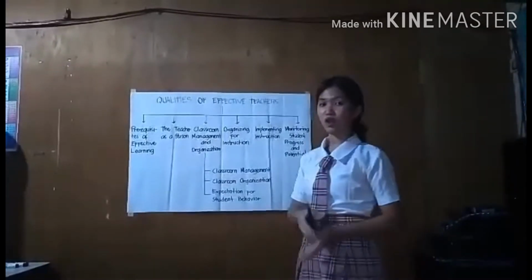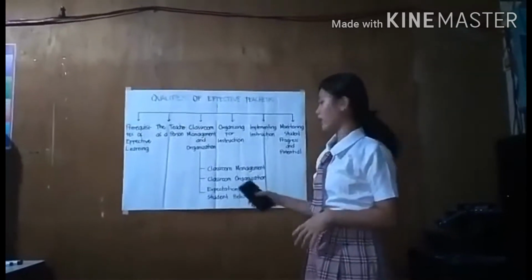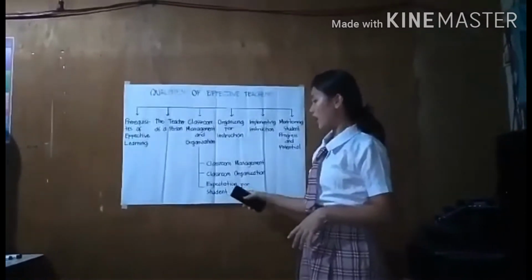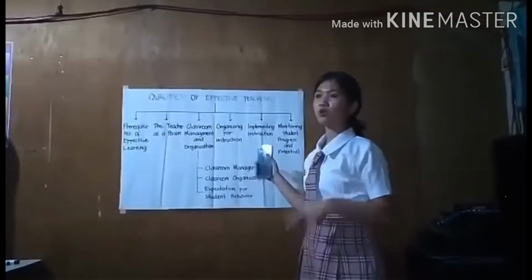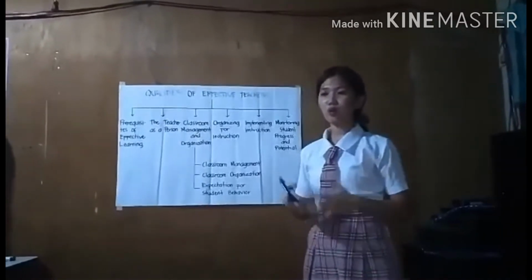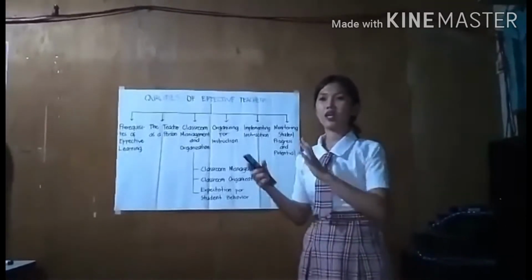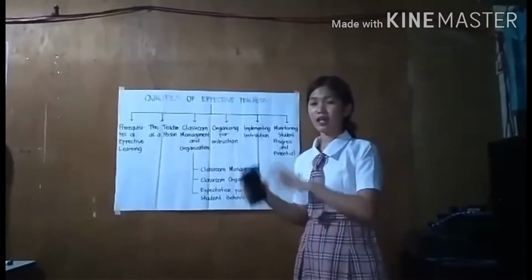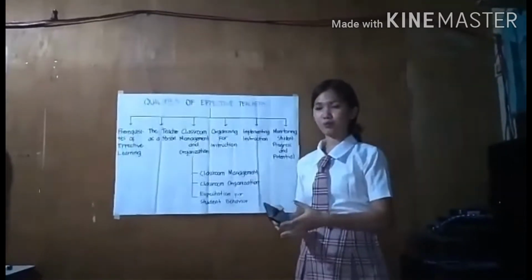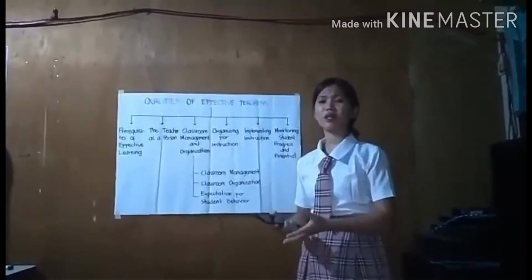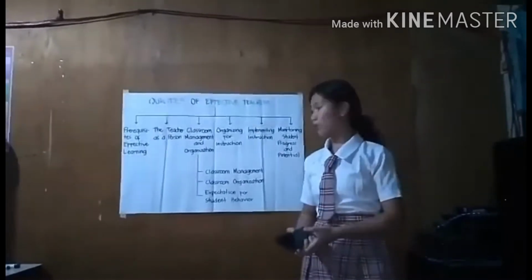Classroom management and organization, which has classroom management, classroom organization, and expectation for student behavior. Classroom management means you have to manage the classroom and the students by implementing management in everything that you do.